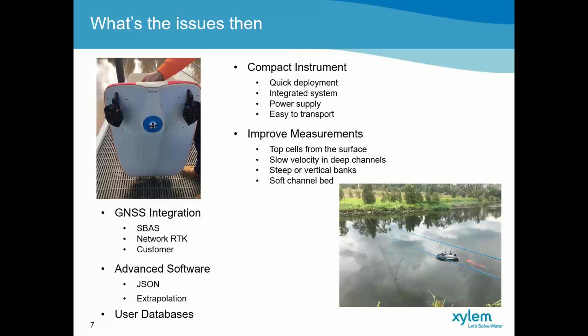And then obviously incorporating the output of the data into user databases such as Aquarius, Hydstra, and WISKI is critical, because that improves the overall measurement process, increases the efficiency, and is an aspect that needs to be automated at the end.